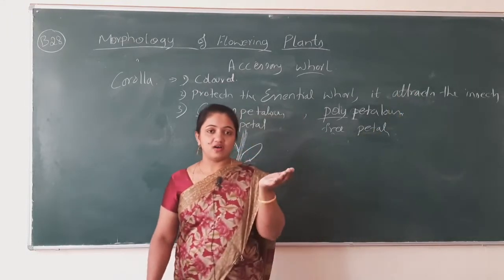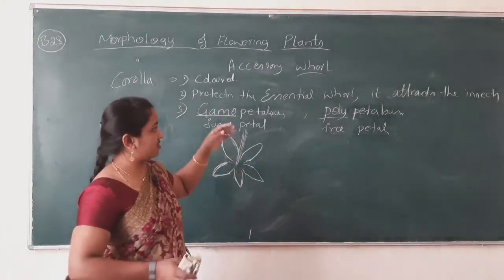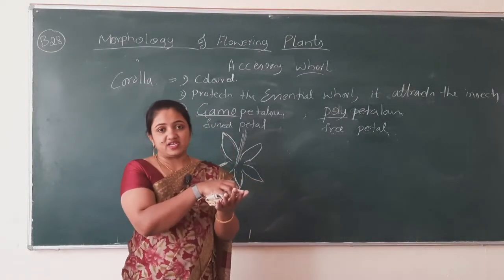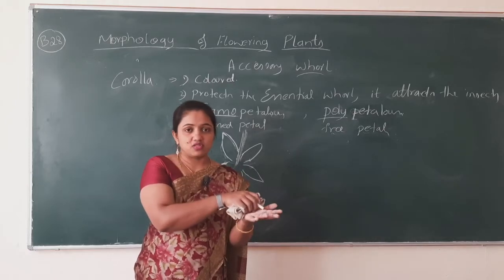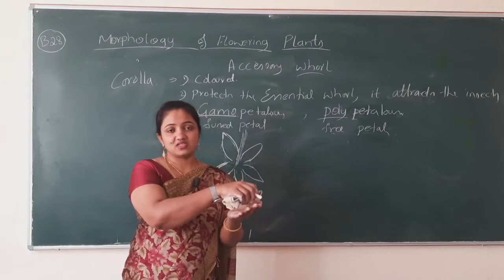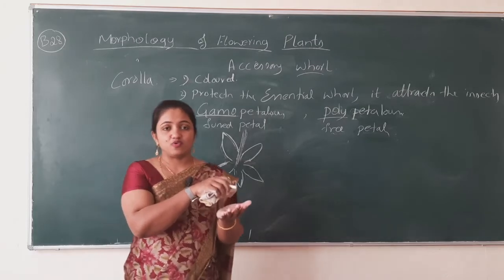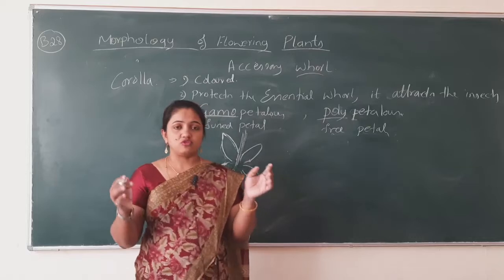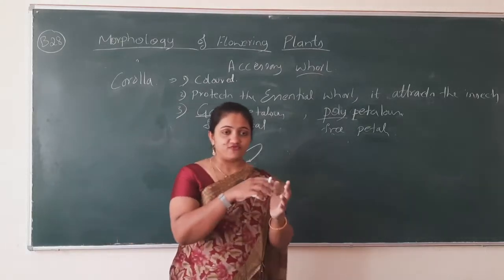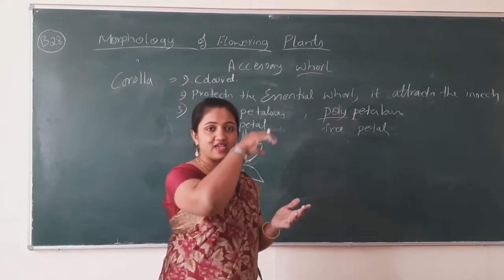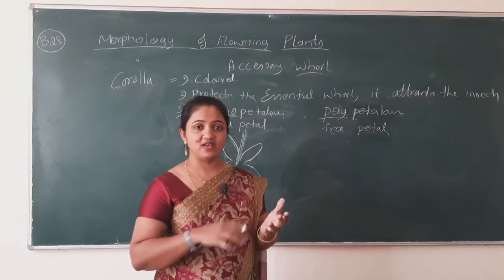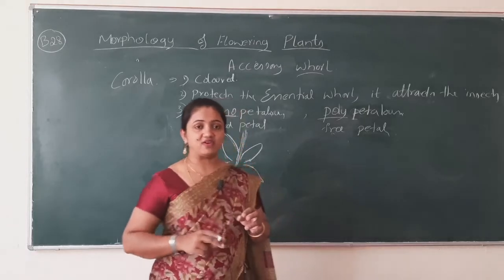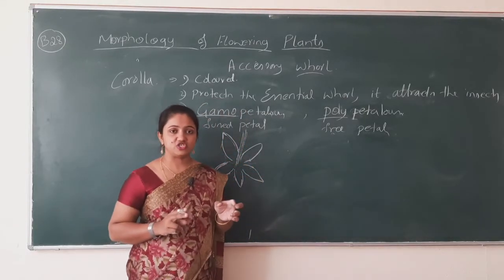Having a wide space on the petal, it gives a seating arrangement to the insect, so that when it sits on the petal and starts sucking the nectar, the pollen grains get attached to the legs or body of the insect, and when the insect flies and sits on another plant, the pollen grains are shed on the other flower. So this is how pollination is achieved.